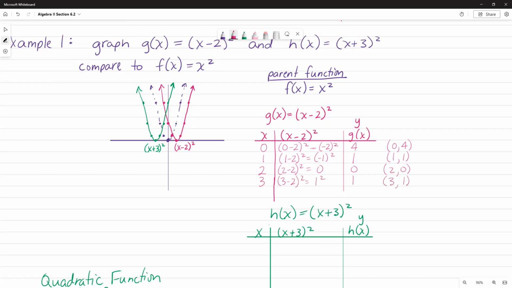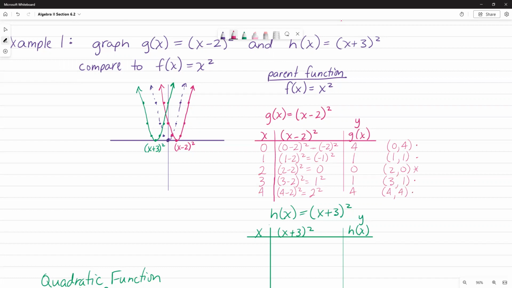You can see I've found some symmetry here, and this is lower, so that's probably my vertex. Then I go up to 4, and I end up with 4 minus 2 squared equals 2 squared, so that's 4, and there's my other point of symmetry.